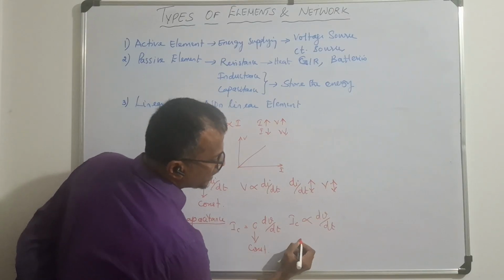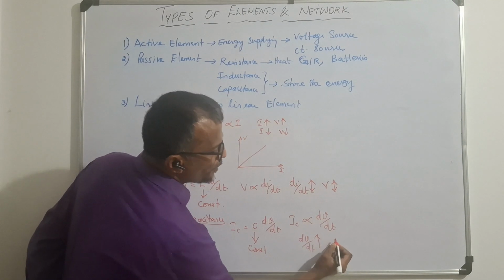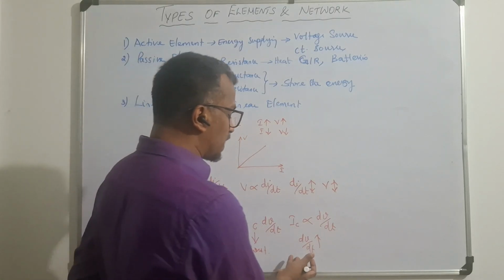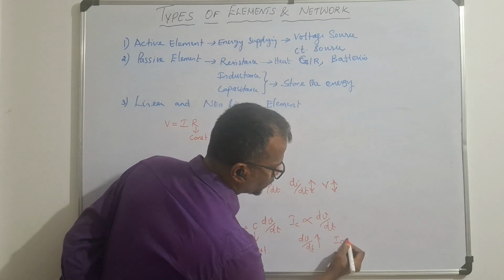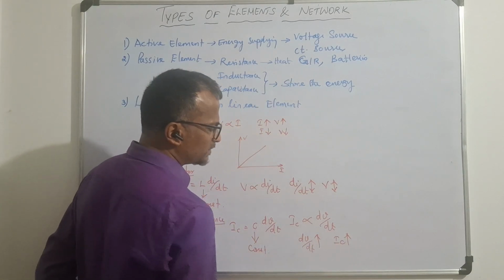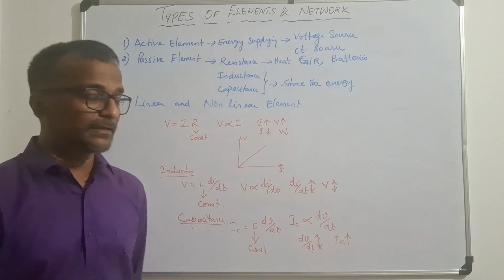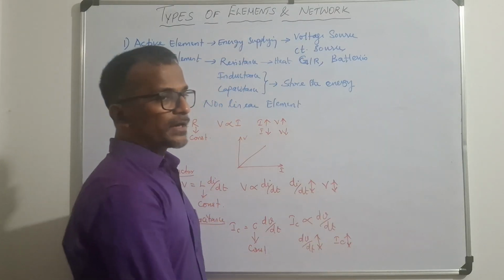When dV by dt is increasing, the rate of change of voltage with respect to time increasing, the current flowing through the capacitor will increase. Similarly, when the value of dV by dt is reducing, automatically IC will also reduce.